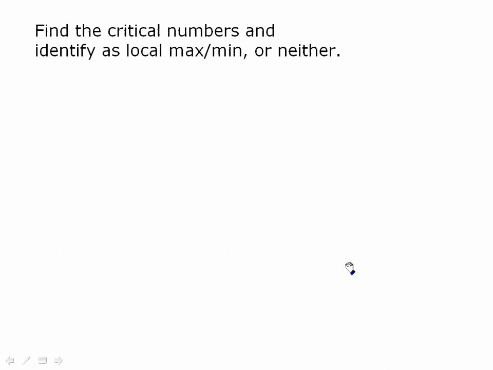So questions would look like this. Find the critical numbers and then identify them as local max or min, or neither. So f of x is equal to x squared over x cubed minus 1. So in order to work this one out, we do need to find the first derivative.